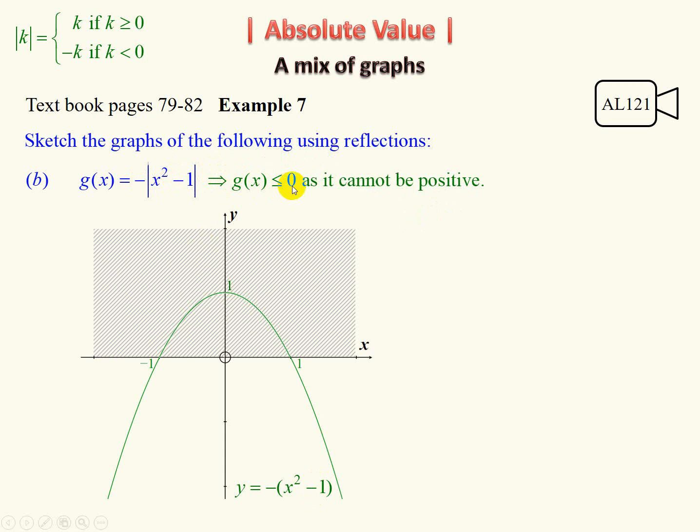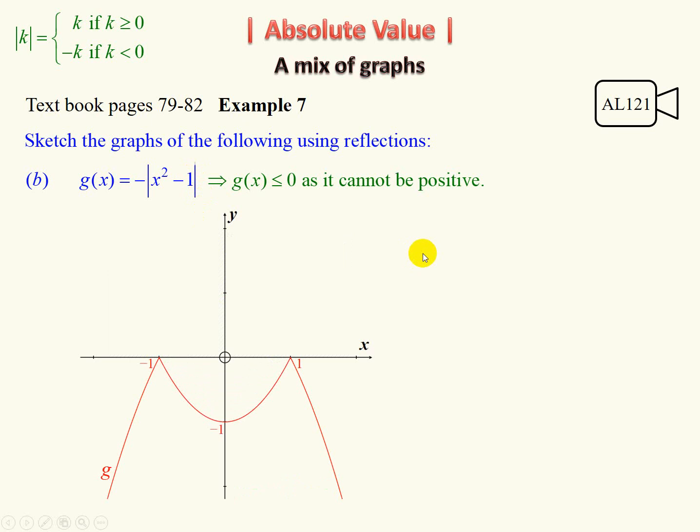It has to be negative or 0. It cannot be positive. If you have negative of an absolute value, it cannot be positive. So therefore this section of the graph is now not allowed, this section here, because there the y is positive, the g of x is positive. So we're going to reflect it down to that side, and there is our graph.